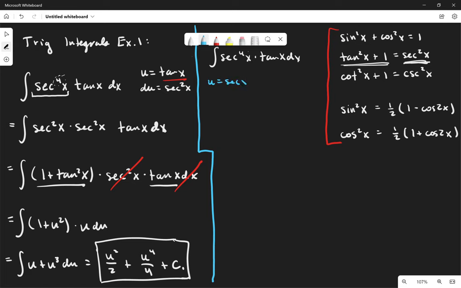Again, the key part, I'm going to try to envision how it's going to work out. If I let u equal secant x, what do I have to take out? I have to take out a secant and a tangent. Here's my tangent I got to take out. I got to get rid of one of the secants. That'll leave me with 3 secants. And so now I already have everything in terms of secant. Those will become u's.